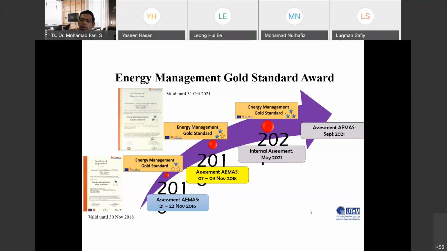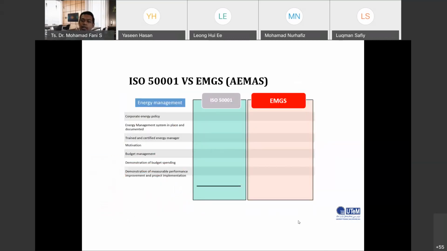The internal assessment will be held in May this year, and the EMAS assessment for the Energy Management Gold Standard 3-star in September. Sorry. So why EMGS, Energy Management Gold Standard?